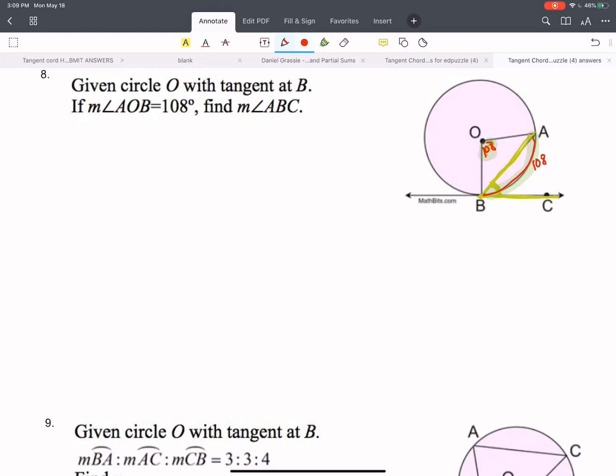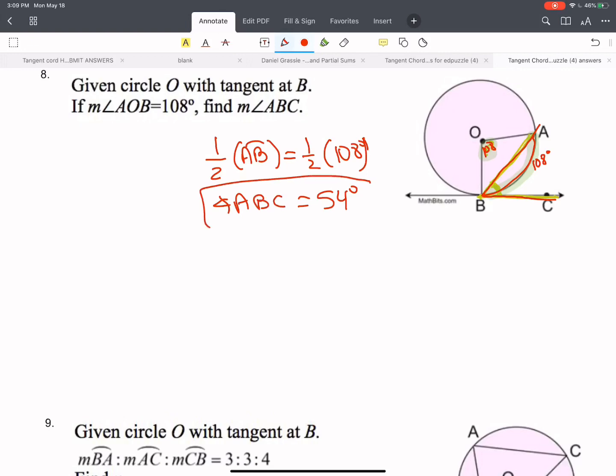So this is 108 degrees. Oh, that's great. Now I know that this angle is 1/2 of arc AB, which is 1/2 of 108, which is 54 degrees. So angle ABC is 54 degrees.